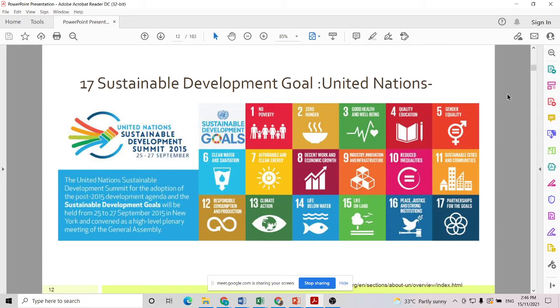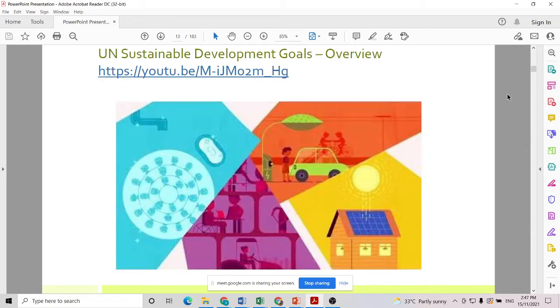Partnership means that you communicate with each other, which means all nations in the world will have the same goals toward sustainable development. So they have the partnership.